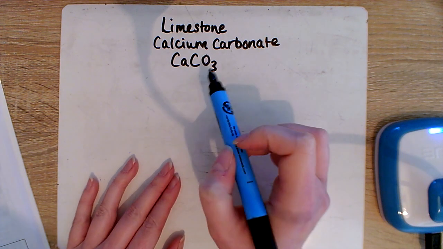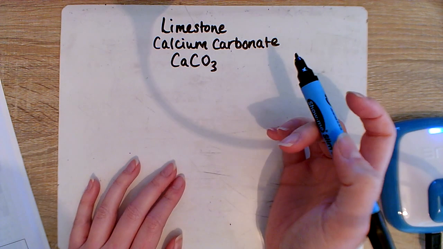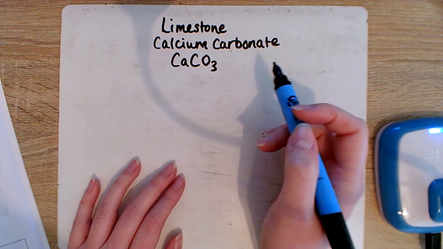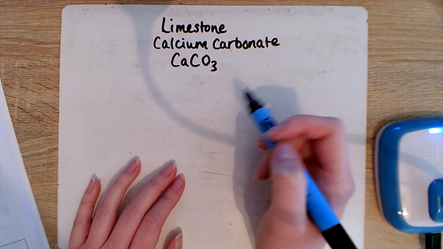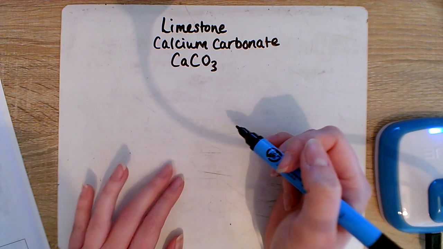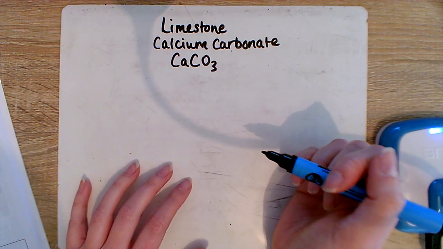And as I said, limestone's got lots of uses. You've probably seen it in old buildings, particularly things like cathedrals. Lots of different uses in construction, and as I said, it can be used to make cement and concrete. It's also used in making glass, and probably quite a lot of other things as well.